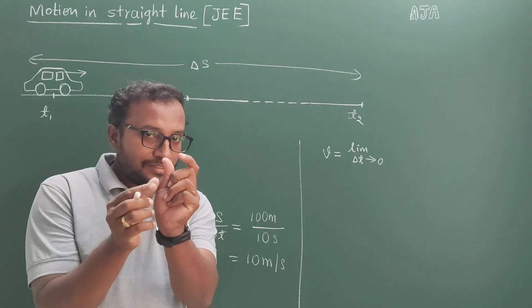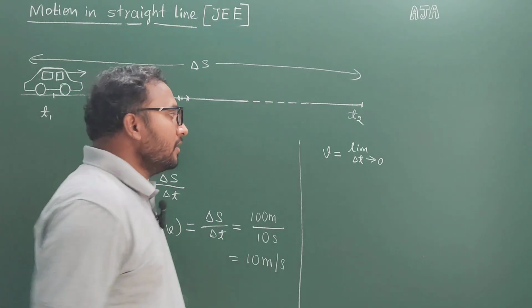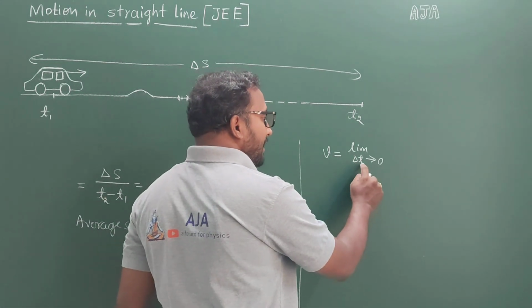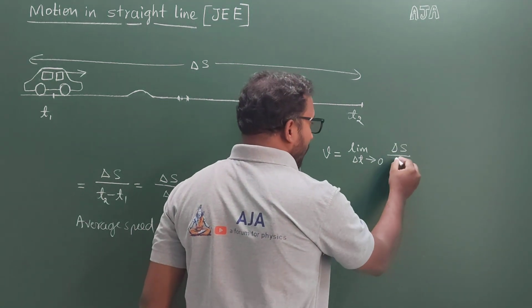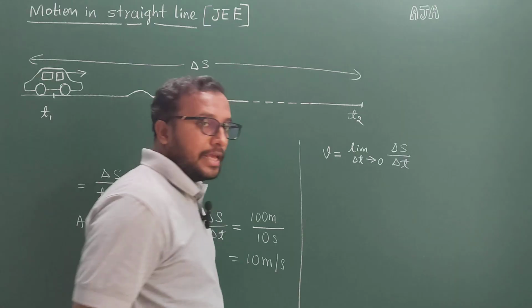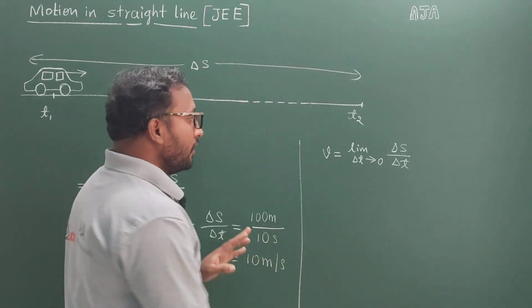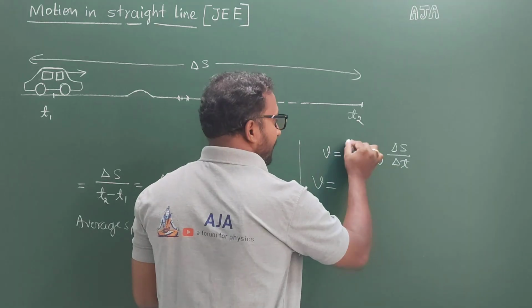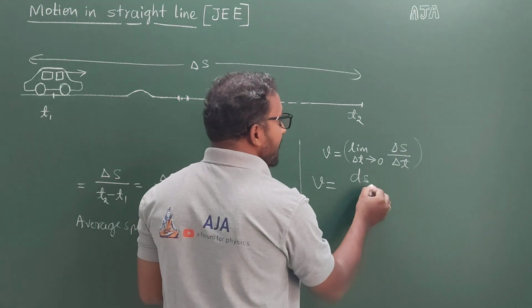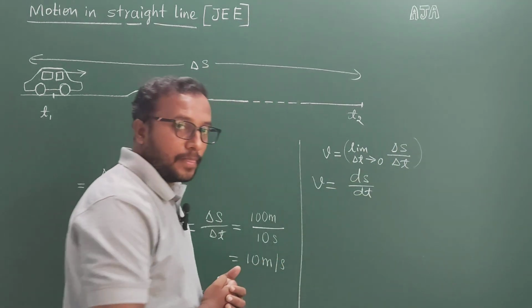I mean, the time interval is very small, really small. If the limit delta t tending to 0 of this average speed, I mean of this formula delta s divided by delta t, you can write this entire thing as ds divided by dt.